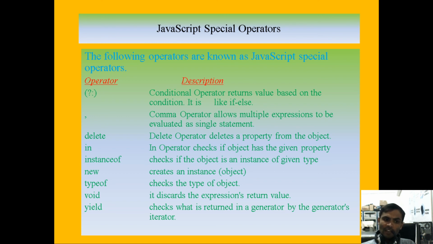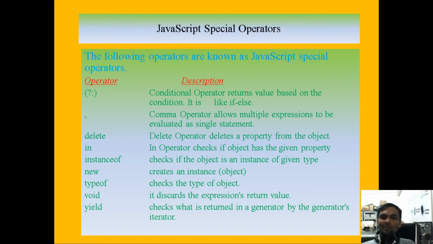Now, comparing void as an operator: according to C programming, most students know void as a data type. Here it comes under the special operators. Void is an operator. New is an operator. New is for creating the object, creating the instance. Instanceof checks if the object is an instance of a given type.